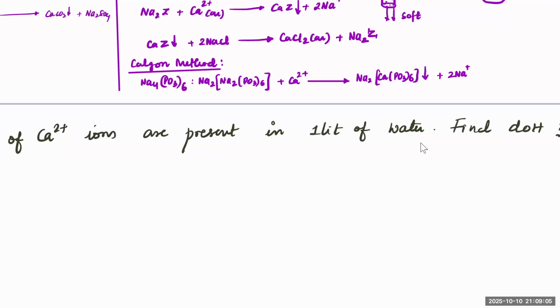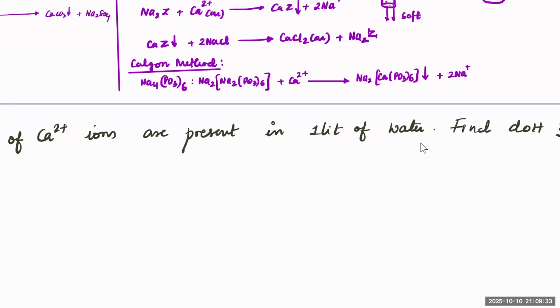Of course, it is hardly noticeable considering we always use water from the municipality. But in the villages, there is high concentration of calcium, and these kinds of washing powders are used because we require a lot of salt to remove the existing calcium 2 plus, which is high in concentration.